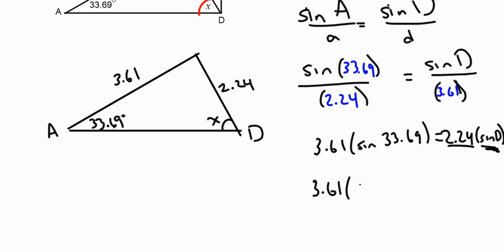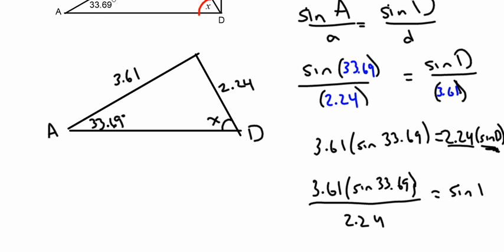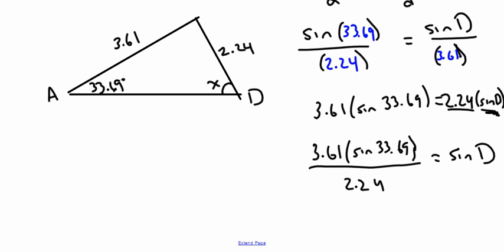So if I divide by 2.24, that calculation will give me the value of sine D. So let's go ahead and calculate that. Sine 33.69 times 3.61 divided by 2.24 gives me 0.8940, rounded correctly to 4 decimal places.